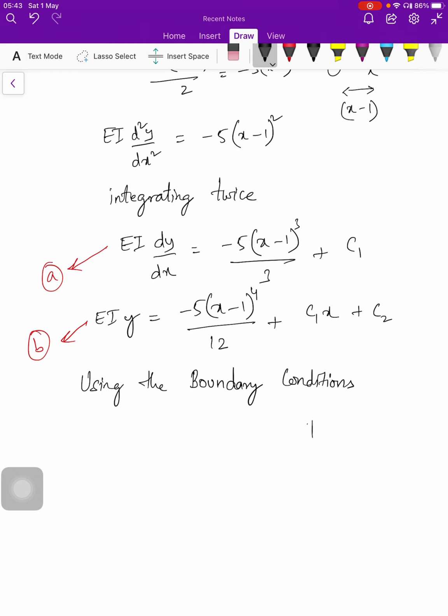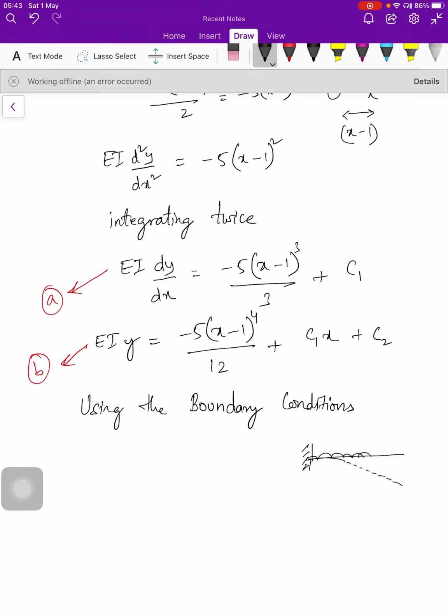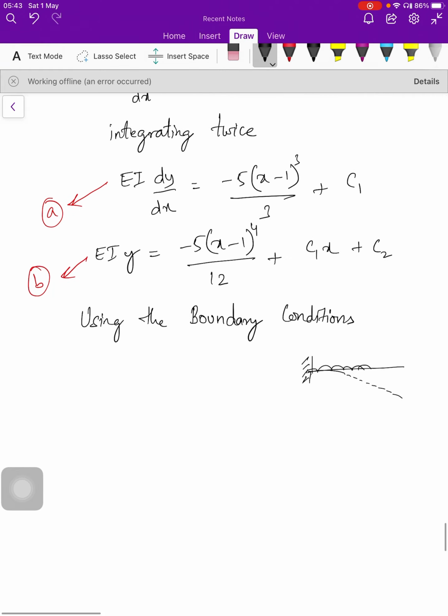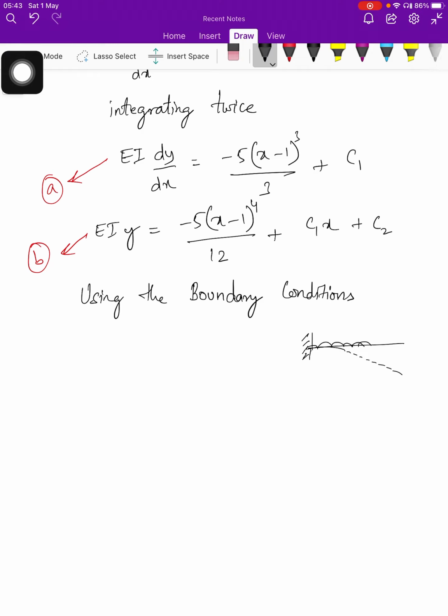what all boundary conditions we have for a cantilever beam like this, subjected to UDL? The deflection profile will be like this, such that you have maximum slope and maximum deflection at the free end, and zero slope and zero deflection at the fixed end.